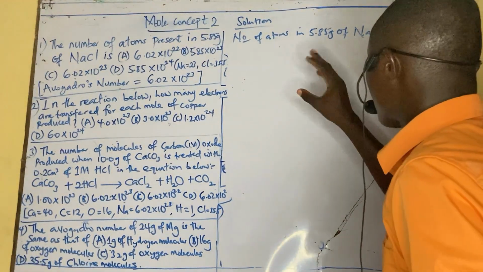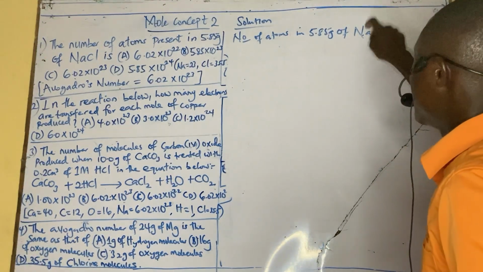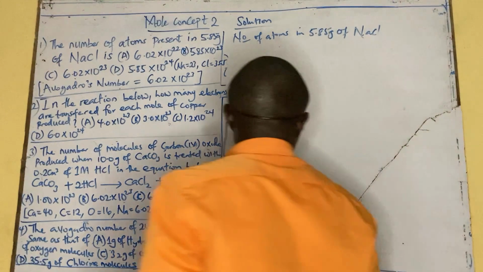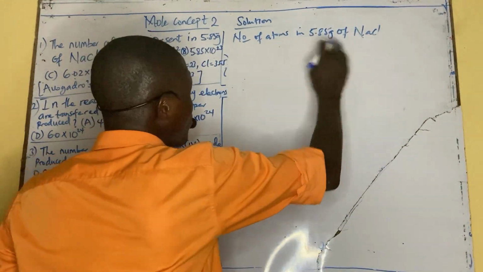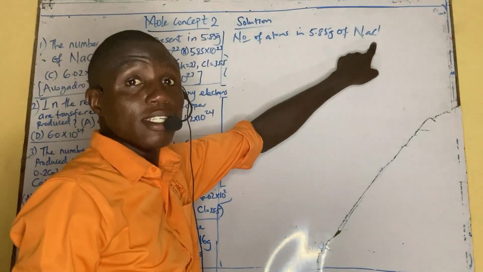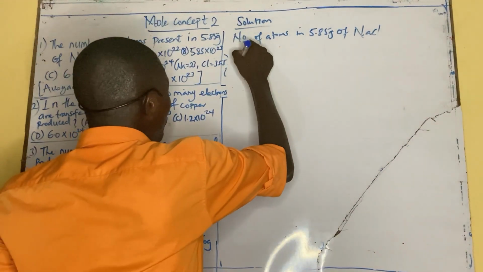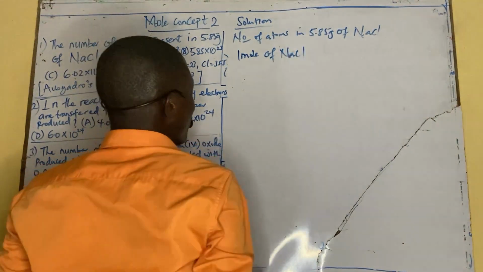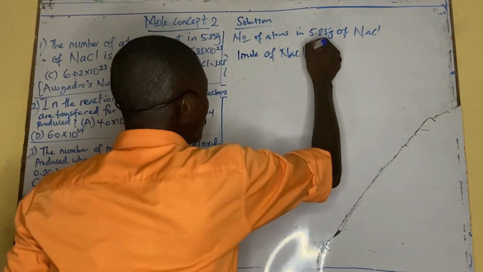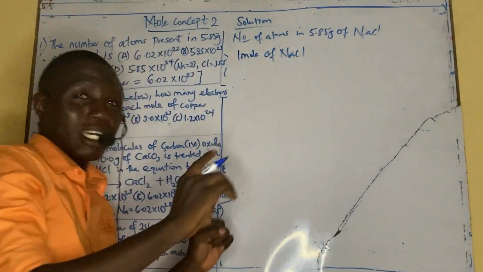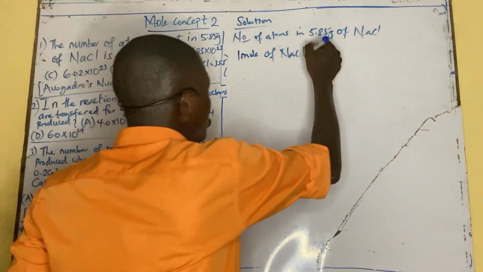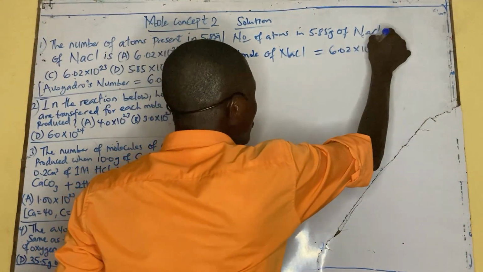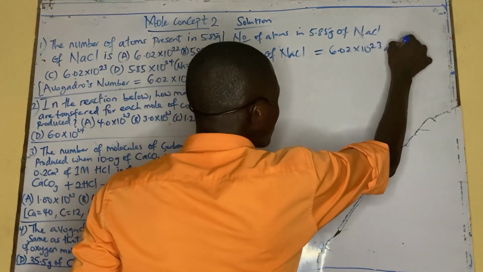Now they ask us to calculate the number of atoms in 5.85 grams of sodium chloride. How do we go about it? The first thing is to look for 1 mole of sodium chloride. So you say, okay, 1 mole of sodium chloride will contain, because we said 1 mole of any substance is equivalent to 6.02 times 10 raised to the power of 23 atoms.